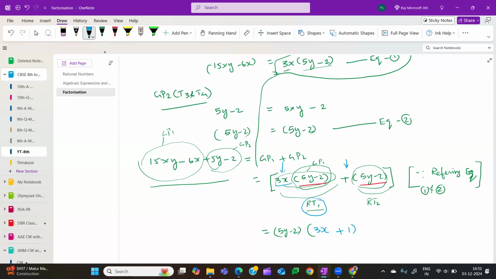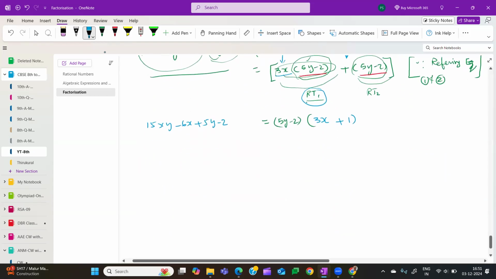That means our answer is 15xy minus 6x plus 5y minus 2 is factorized in terms of 5y minus 2 as factor 1, this is F1, and this is into F2. So conclusion, what is that?